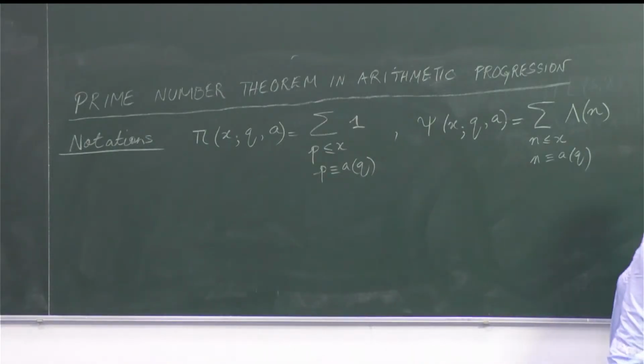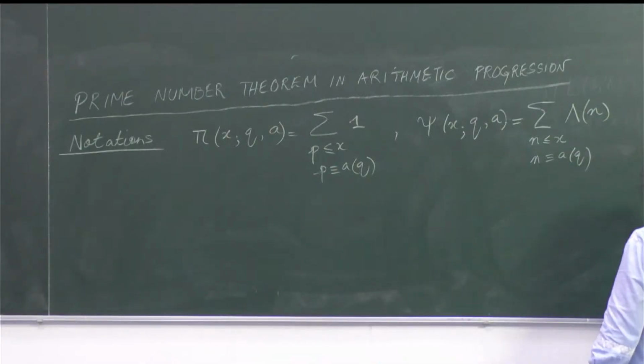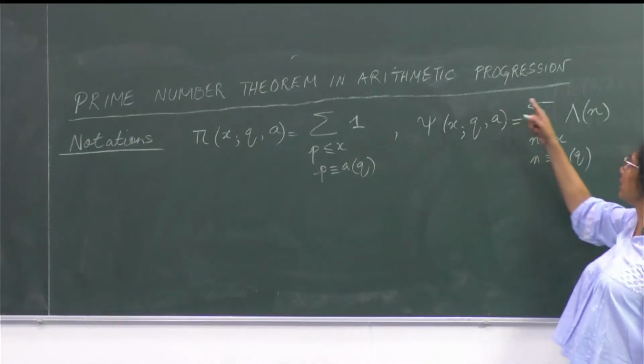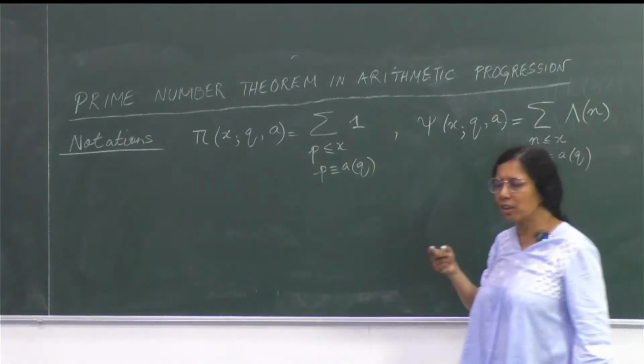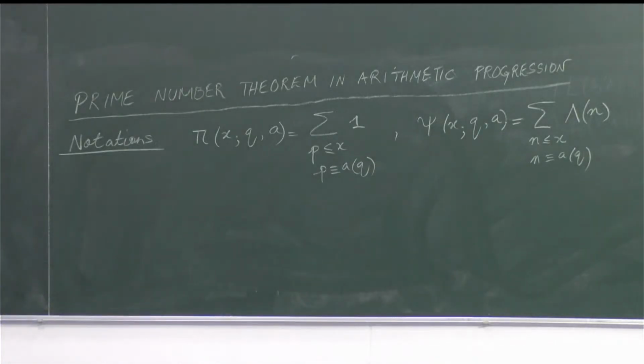You remember this? Lambda of n is equal to log p if n is a prime power of p, and it's 0 otherwise. Use of this makes life simpler because this is smoother, and then by partial integration you can get back the pi.